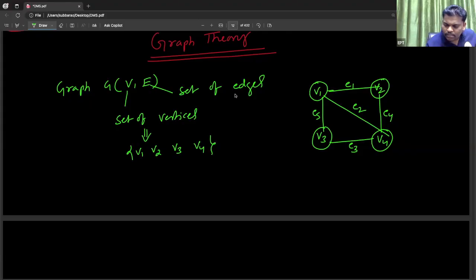And the set of edges: E1, E2, E3, E4, E5. Let me know if anyone has any doubt. So simply graph definition, one example I gave. I have not done anything new.